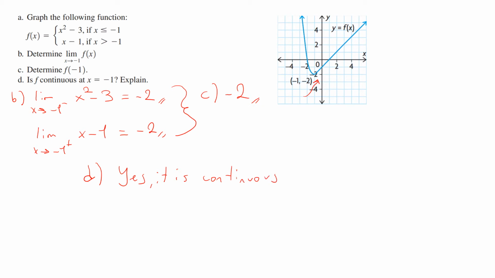As an explanation, you can say that on the graph there are no jumps, no gaps, no infinite discontinuity, or you can say that when solved algebraically, we found that the limit in fact exists and equals -2. So you can just write both just in case.